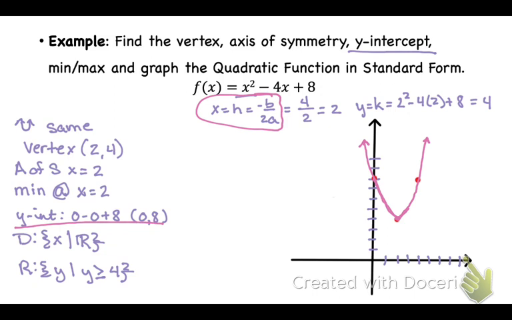Would it be a line down the center? Probably. Okay, so if it asks you to graph the axis of symmetry, it's just a vertical line down the middle, right? That's why it is x equals, because it is a vertical line.